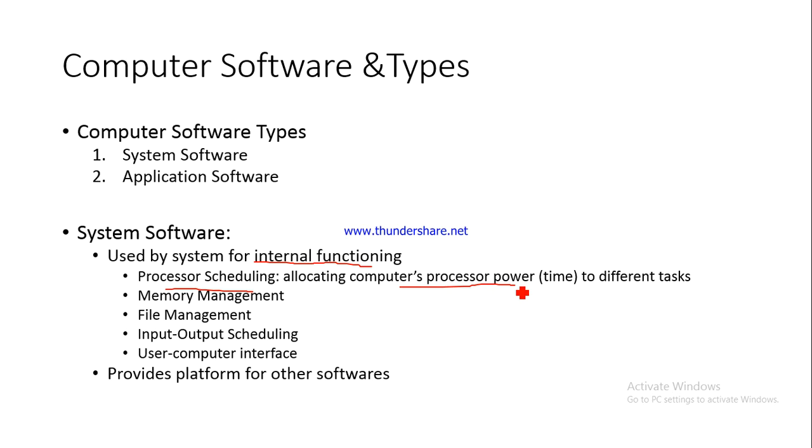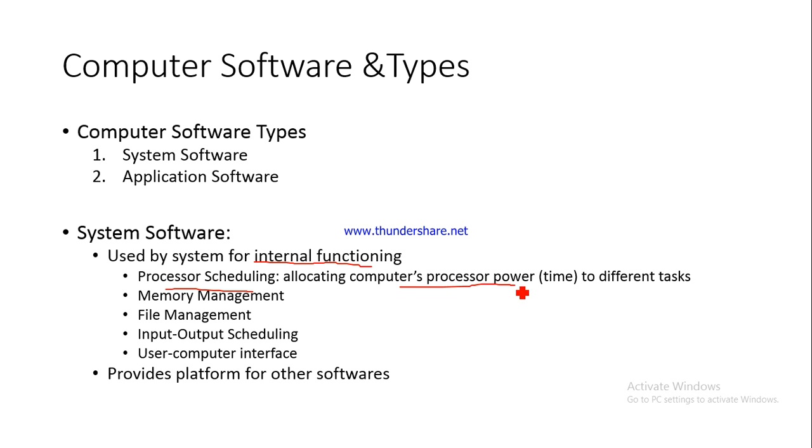So for example, when you start a computer, when you start working on it, there are so many tasks which keep running on the computer. Some tasks you yourself are doing on the computer, while some other tasks are running in the background. Now, which task is to be allocated how much processor power?